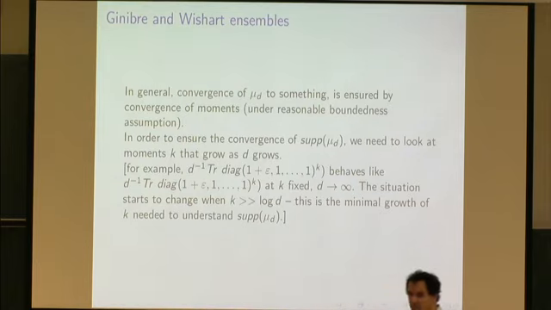And at some point, if we take k large enough as d grows to infinity, then we will start to see that large moments can also take care of the outliers, of the eigenvalues which might misbehave and whom we want to rule out.